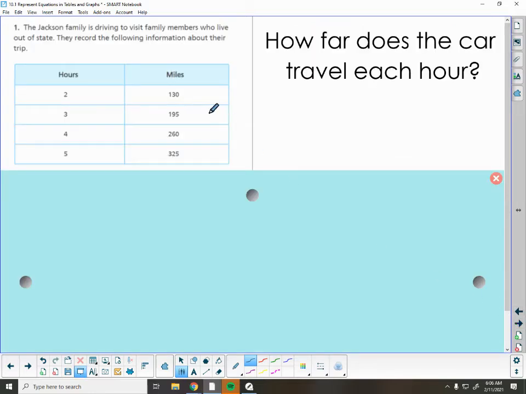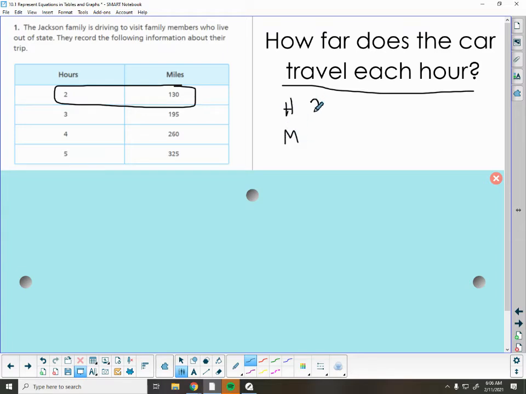So let's look at this chart here and let's figure out how far the car goes each hour. So I can see here when we go 2 hours, so we're comparing hours and miles. And when I go 2 hours, that takes 130 miles.